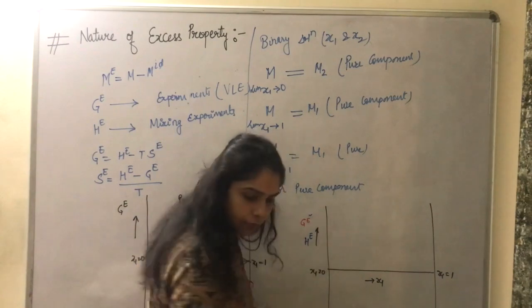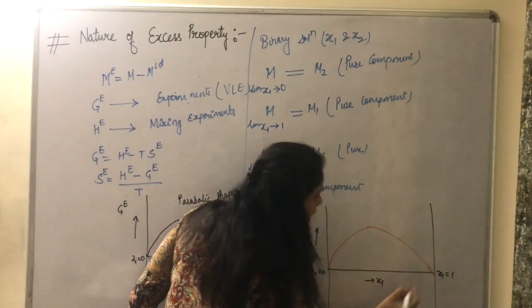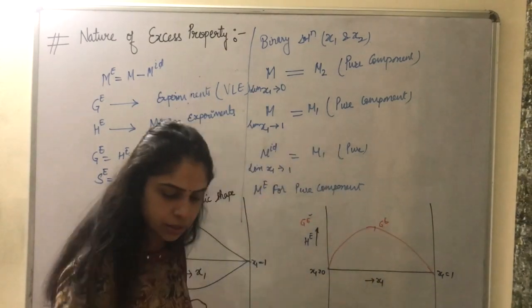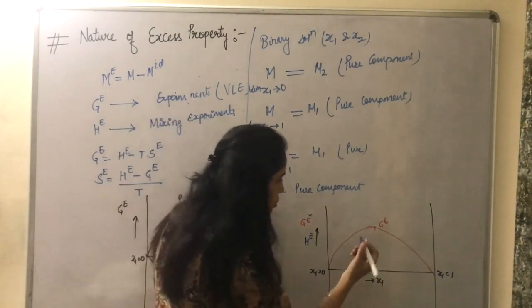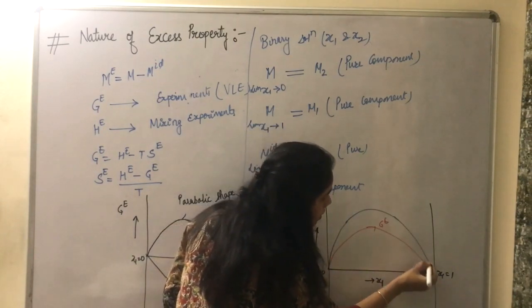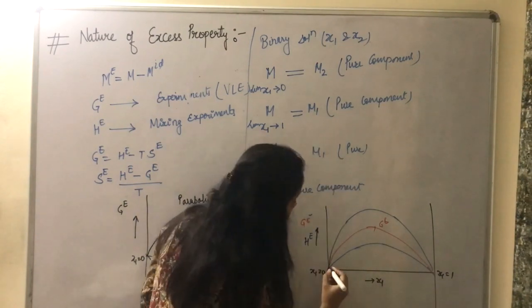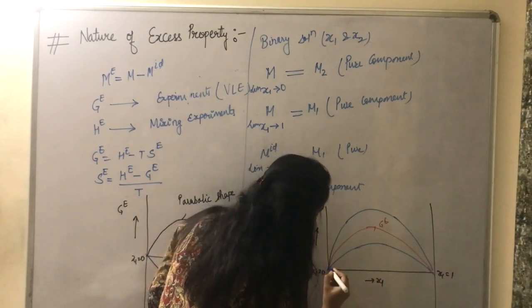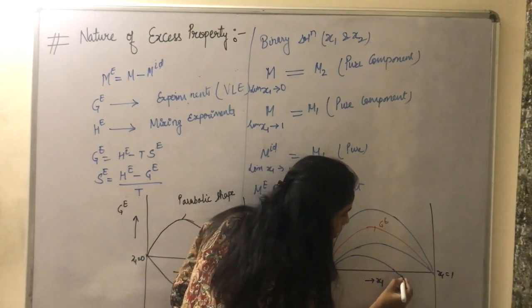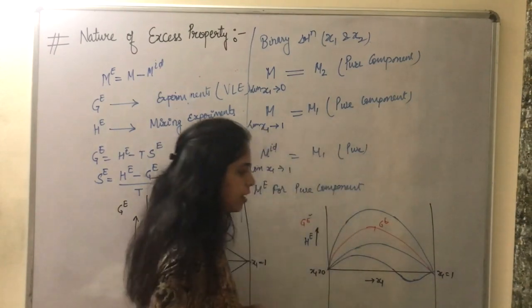So let's take, if this red curve is your Gibbs free energy curve, that is for excess Gibbs free energy. So it can be greater than and it can be lesser than. And for some compositions, it shows positive deviation, and for other compositions it shows negative deviation.